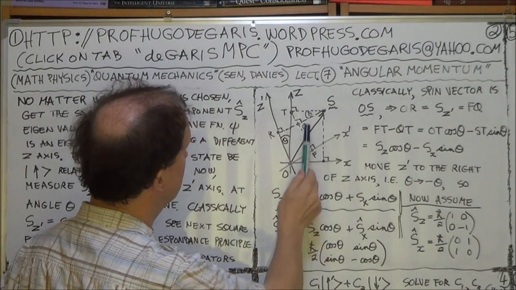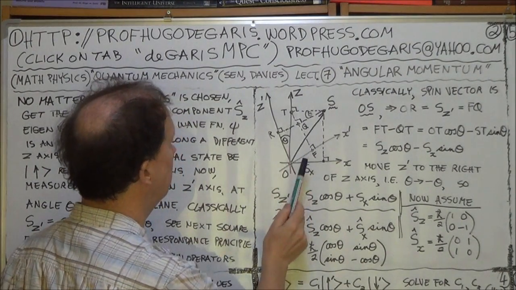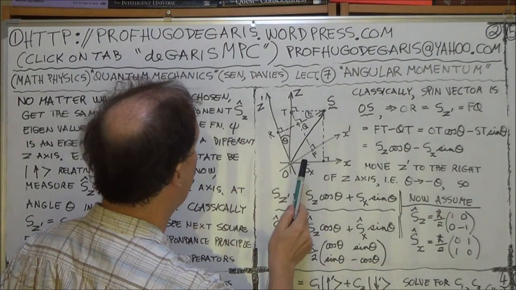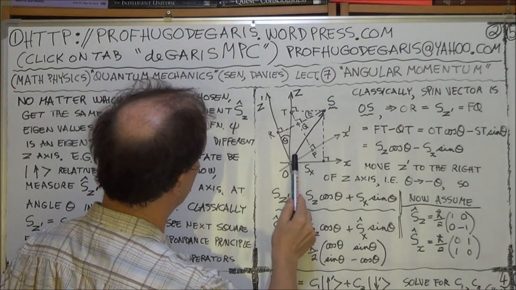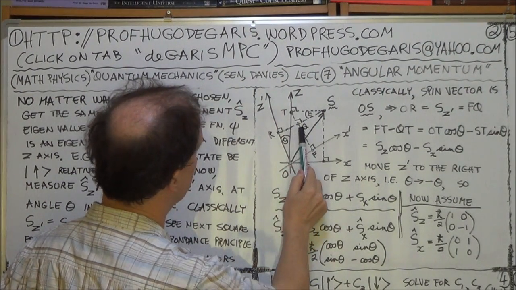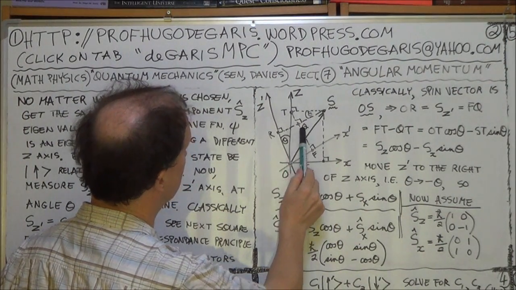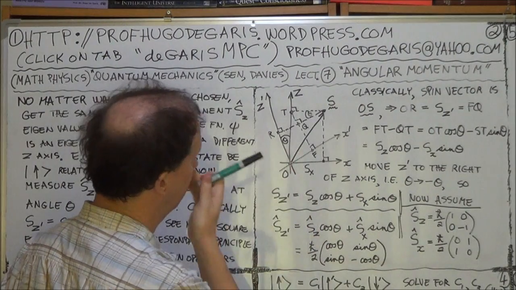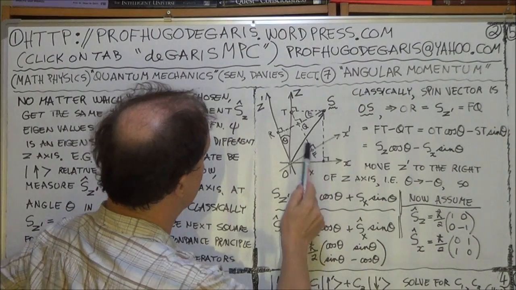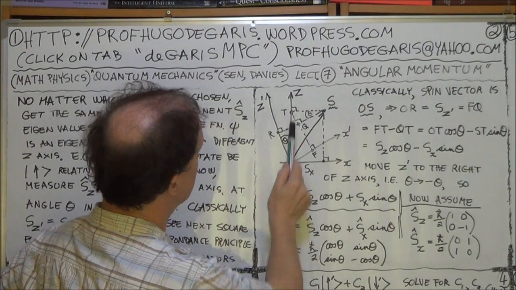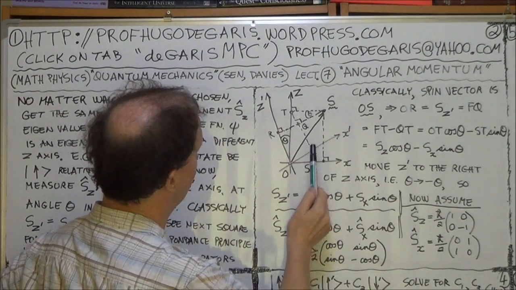And we're trying to find this length. Well, we know this length, right? And we know this angle between OT and TF. It's just theta. This angle here is theta. All right. We know this length. That's the hypotenuse. OT is the hypotenuse, and we're trying to find this length here.